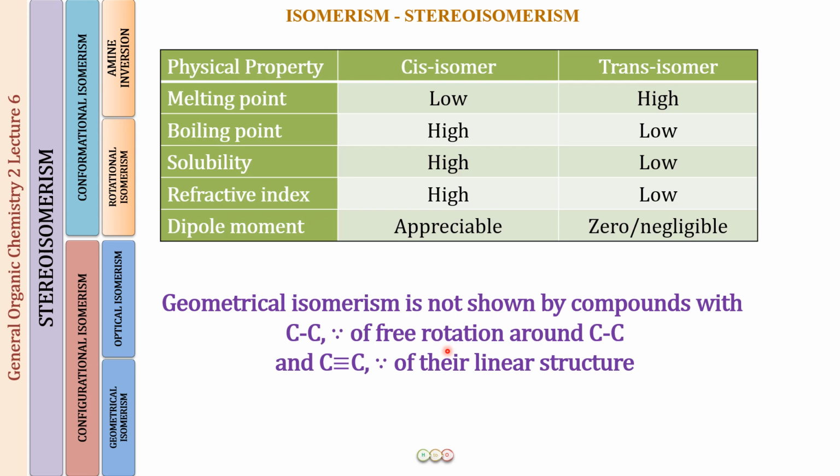If they have free rotation, they are going to be interconvertible, and what we require is restricted rotation so that we have specific different structures, the cis isomers and the trans isomers. And another thing is that if a carbon-carbon triple bond is present, these structures will also not show geometrical isomerism, because they are going to be linear structures. Okay, so they are going to be one line structures. You will not be seeing anything in space that is going to be different. Okay, good.